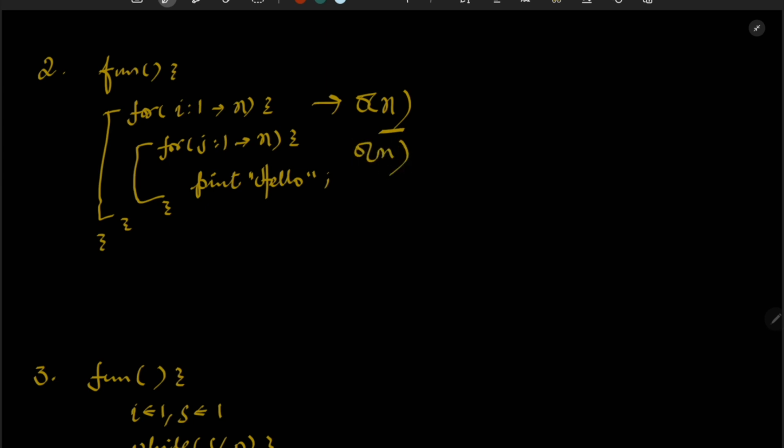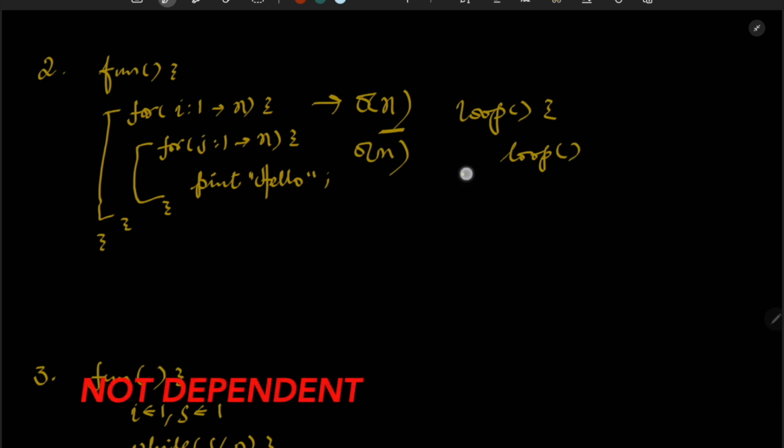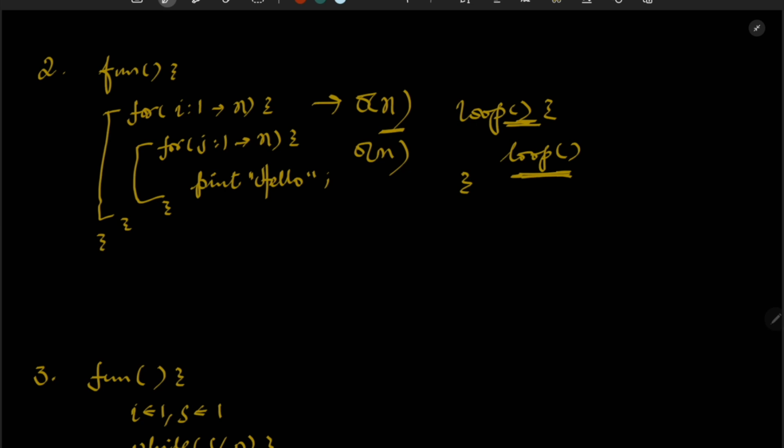So essentially we have a loop, and there is another loop which is dependent on the outer loop. Each time the outer loop is iterated, the internal loop will also be executed.